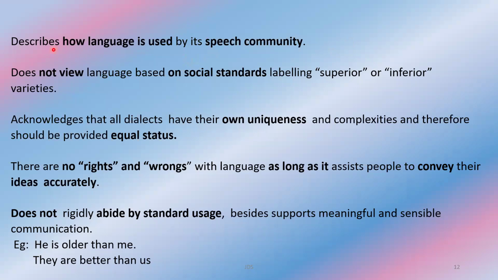Right? So you look at the sentence carefully, how language is used by its speech community. That is described under descriptive grammar. So different ways of usage are described. It does not view language based on social standards, labeling superior or inferior varieties. Right? So today we go by the Englishes.